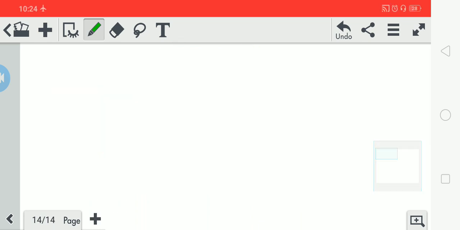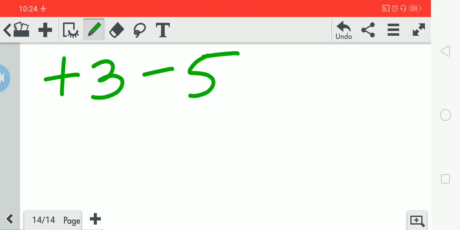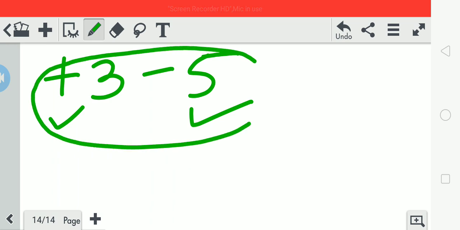I repeat the same question again. What happens when one number is positive and the second number is negative? Here 3 is positive, 5 is negative.